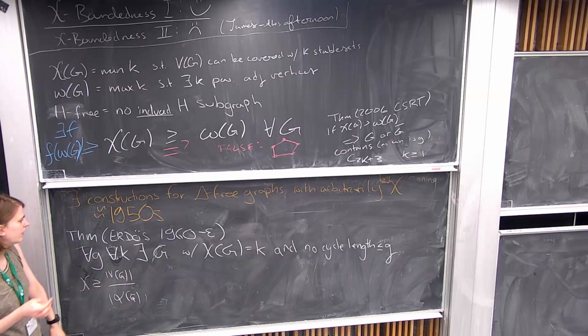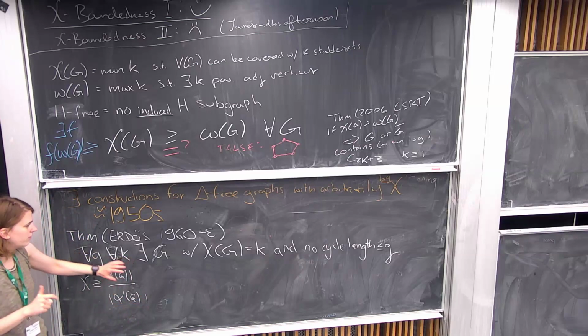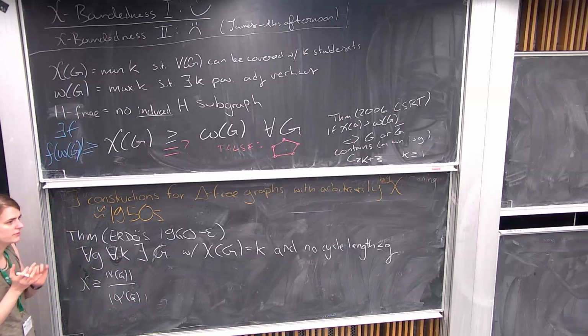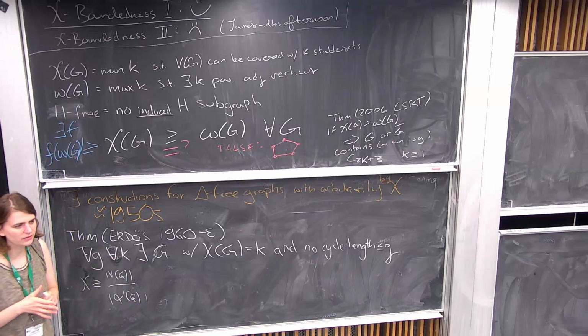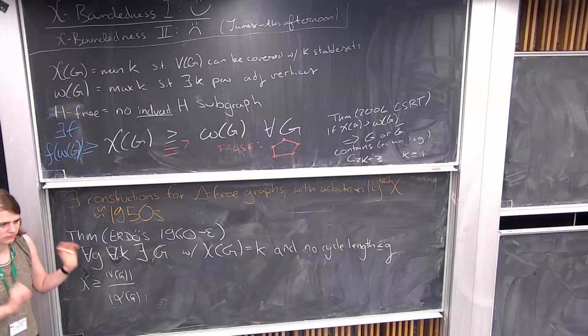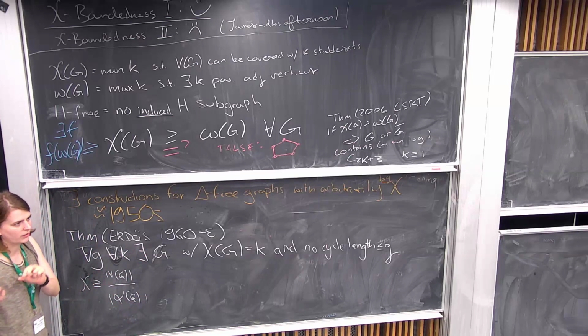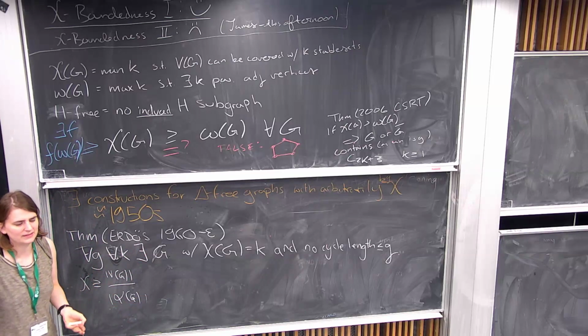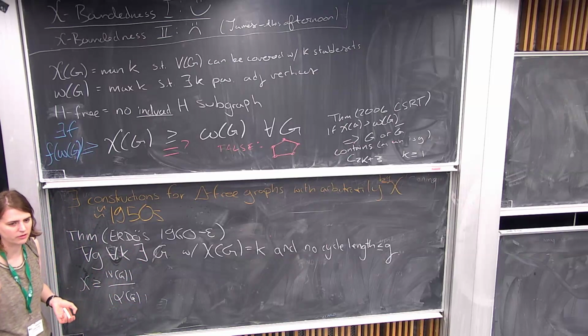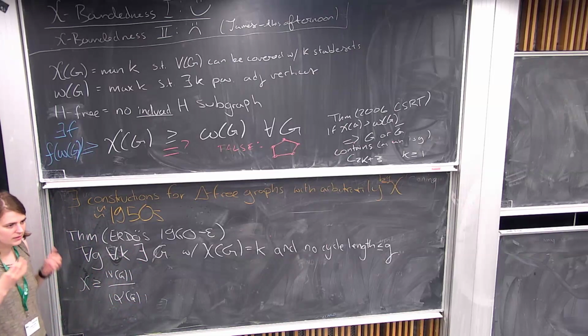And then you also optimize this value to ensure that there aren't too many short cycles, which you do through scary probability and counting. So there aren't a lot of short cycles, and you can delete one vertex from every short cycle, and you haven't brought down the chromatic number by too much because you haven't deleted many vertices. And that gives you the result.